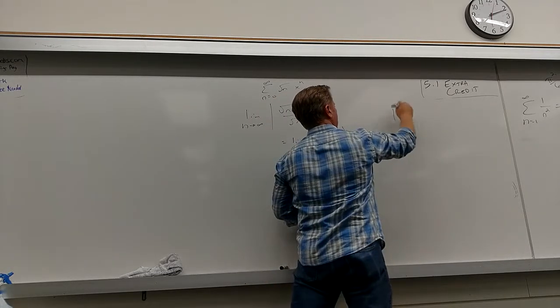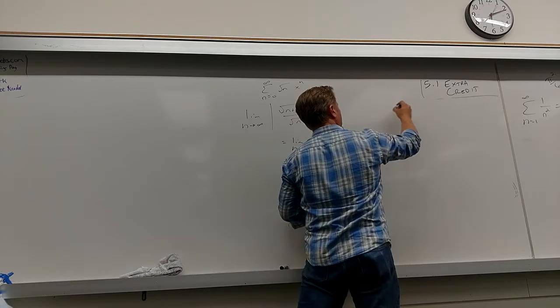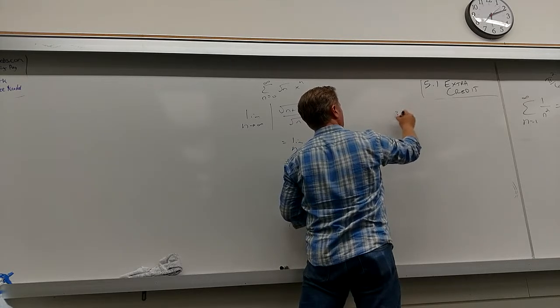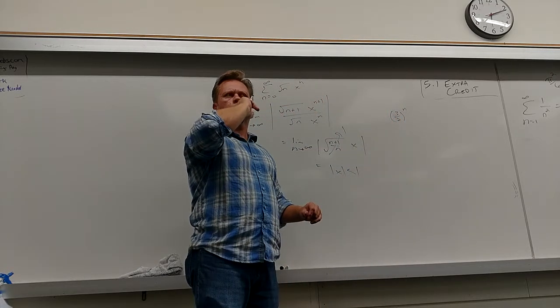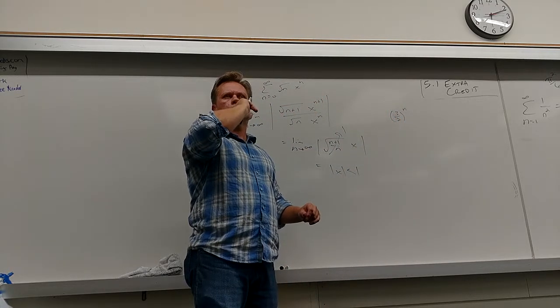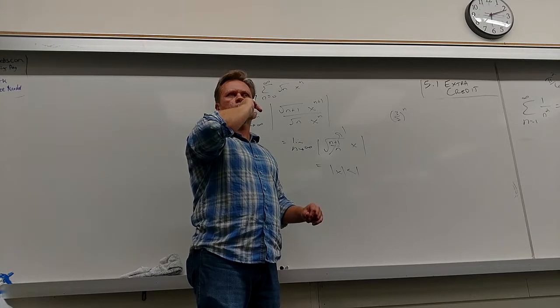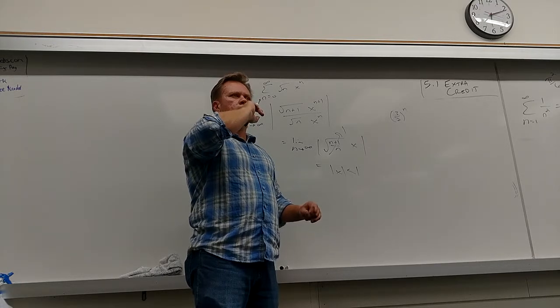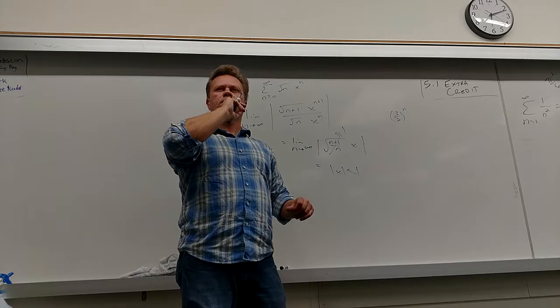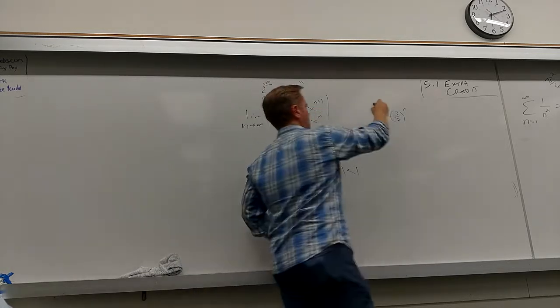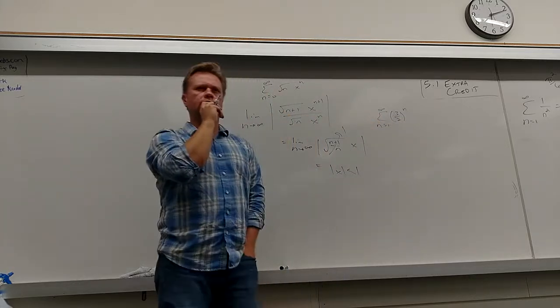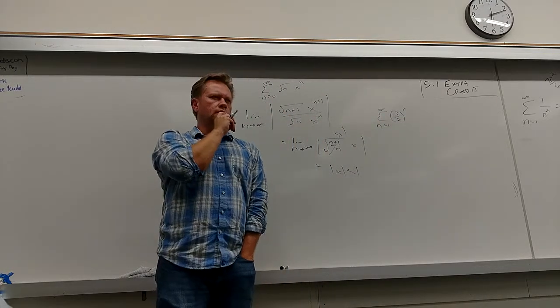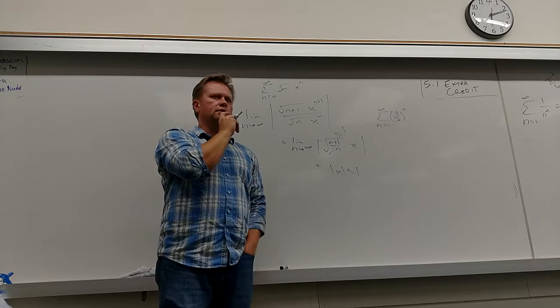And real quick, who remembers, would this converge the series? Will it converge? This is a geometric series where the inside is greater than 1, so the limit's not even 0, right?